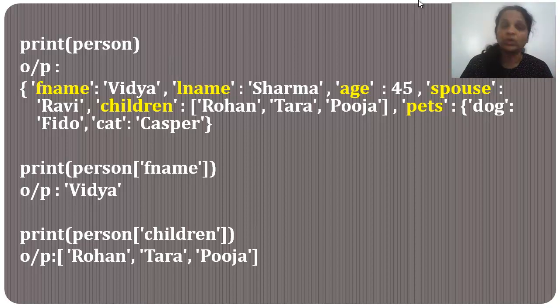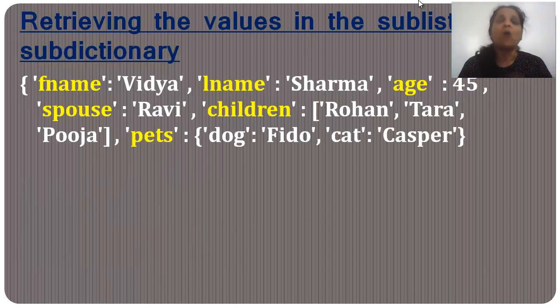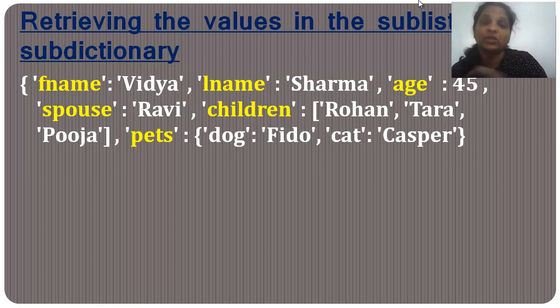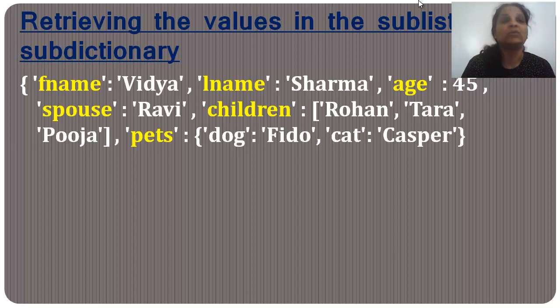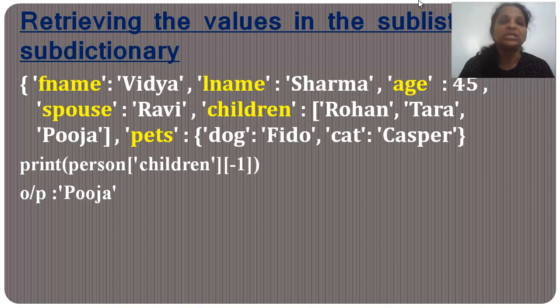Is that clear? Okay. Now I need to show you how I get into, suppose I want to refer to one of the children's names, or I want to refer to the name of the cat or the name of the dog. How do I retrieve values from a sub list? That means an inner list or an inner dictionary. Very simple. If I write print person children, that means what?